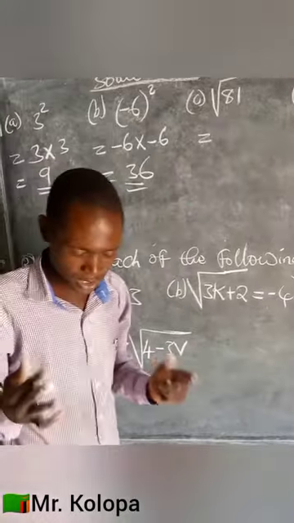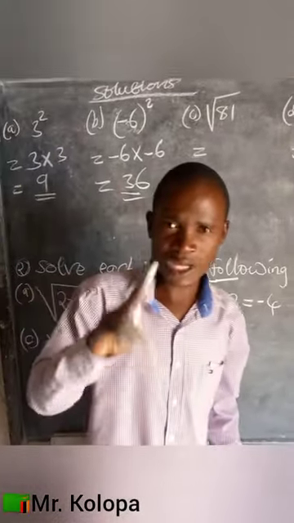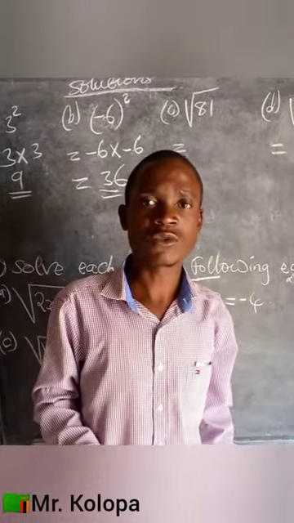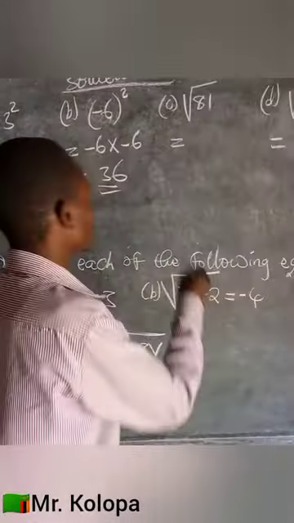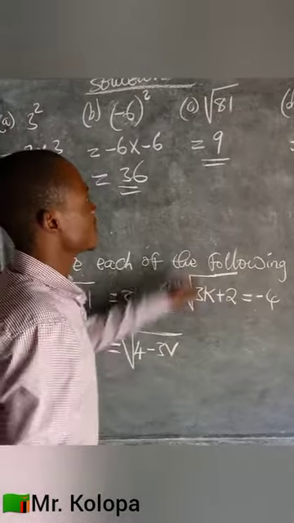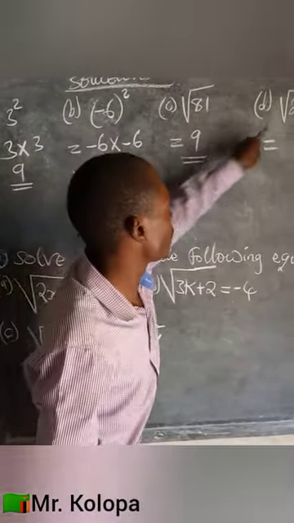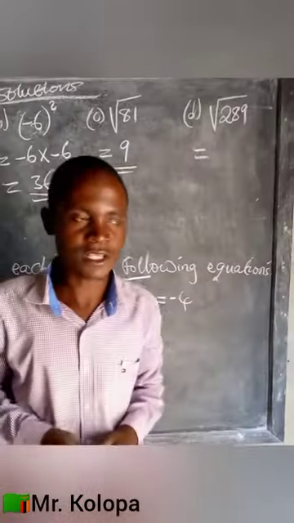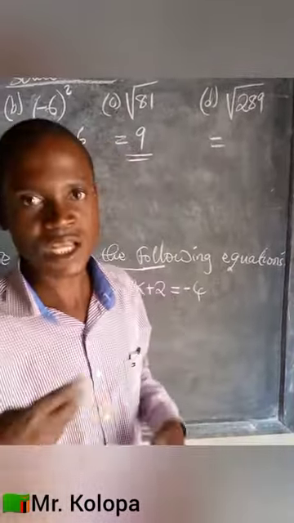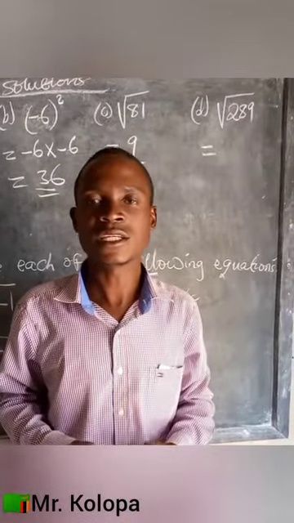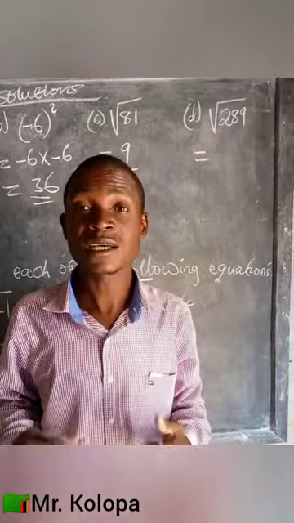Which number multiplied by itself gives 81? You find that it's 9. So the square root of 81 is just 9. What of the square root of 289? Again, you have to think which number multiplied by itself gives 289. And the answer is 17.